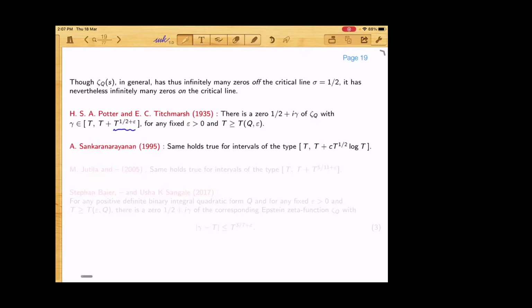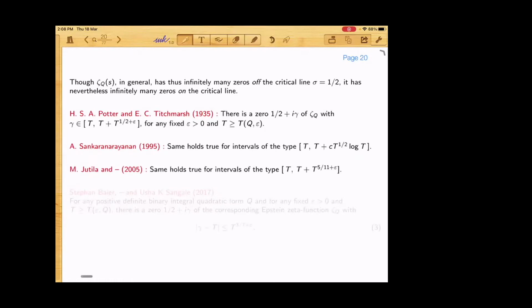So we will call this number, T to the power theta, the gap. This was proved in 1935, and till 1995, this was the best known result. And Sankaranarayanan managed to improve this result by removing this epsilon and replacing it with a log.